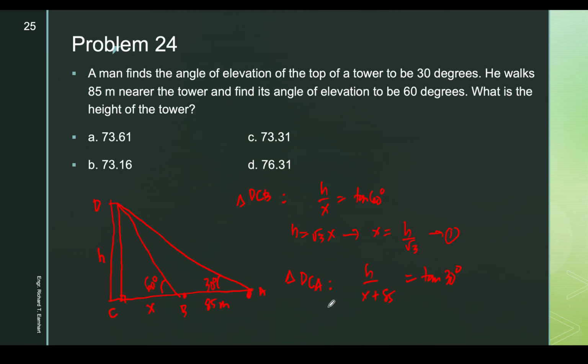Okay, so we have here h, okay, tapos tangent of 30 degrees. We cross multiply, but x here is h over square root of 3, so plus 85. So this one is your x, no? And then we can now solve for h.